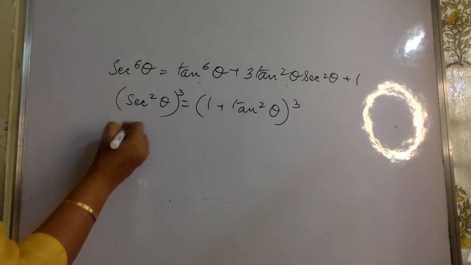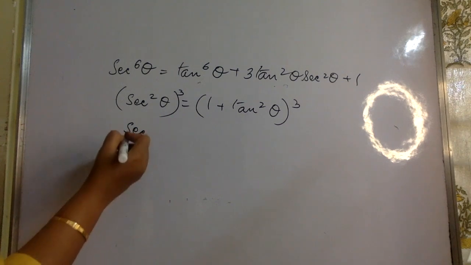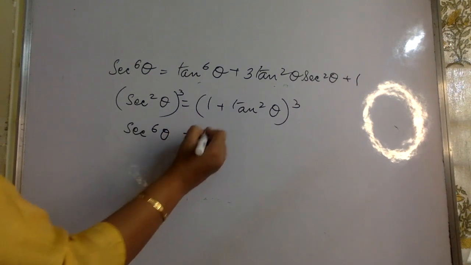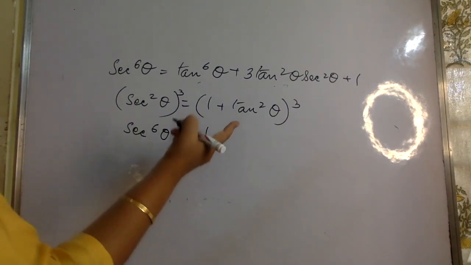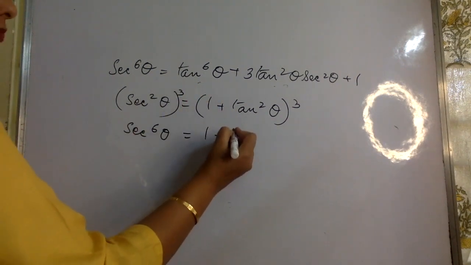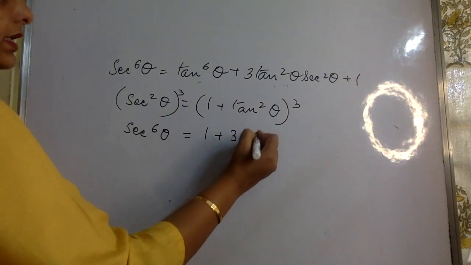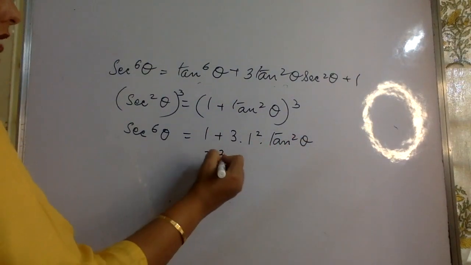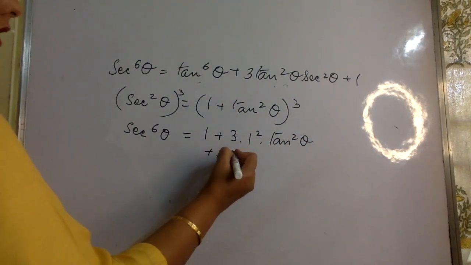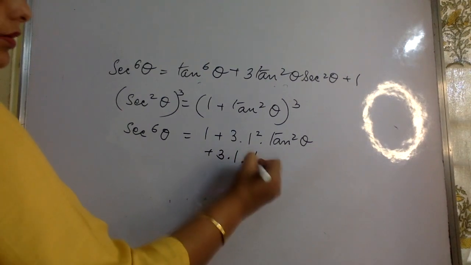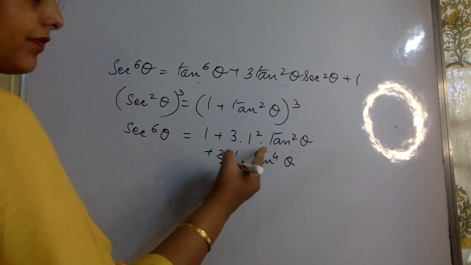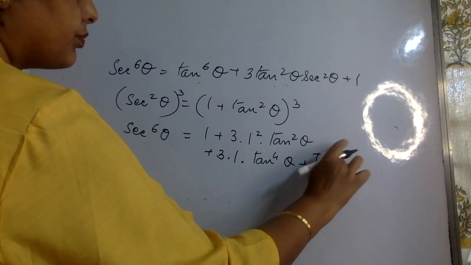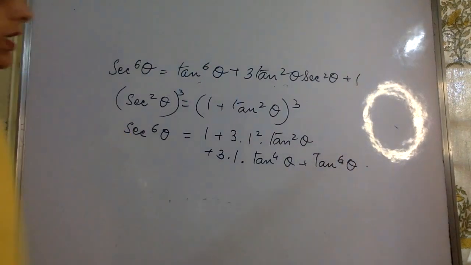So sec to the power 6 theta is 1 plus, I am using the a plus b whole cube formula, 3 a square b, plus 3 a b square, plus b cube, where b cube is tan to the power 6 theta.